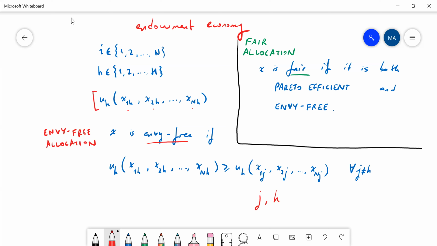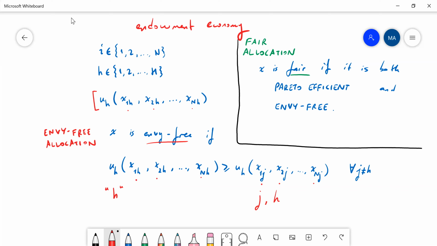Now we are looking at this from the perspective of consumer H. Okay, so consumer H obtains a larger or at least equal utility by consuming his own consumption, by consuming his own allocated levels. Compared to what? Compared to any other agents. Right?